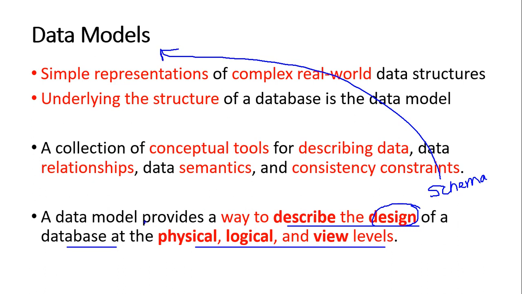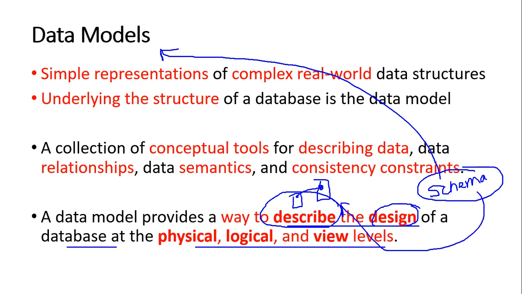So the model will describe that design: how things will look at various levels, like physical level, logical level, and view level, how the data is stored, and how one thing gets connected to the other. There are different ways in which you can do it, and that is what is described by the data model. So don't get confused. Schema is the design, and the model is the way in which this design is achieved and that describes this data.